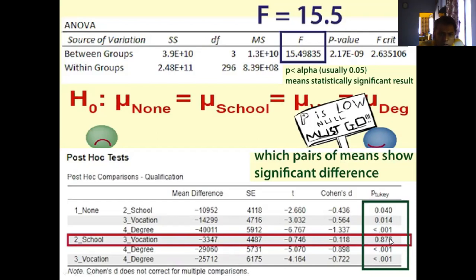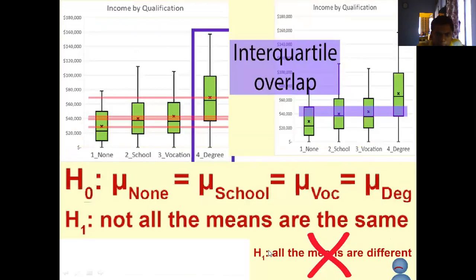So you can understand that if the null hypothesis is rejected, then it might happen that some of the means are different. It's not necessarily that all the means are different. It may be or may not be.